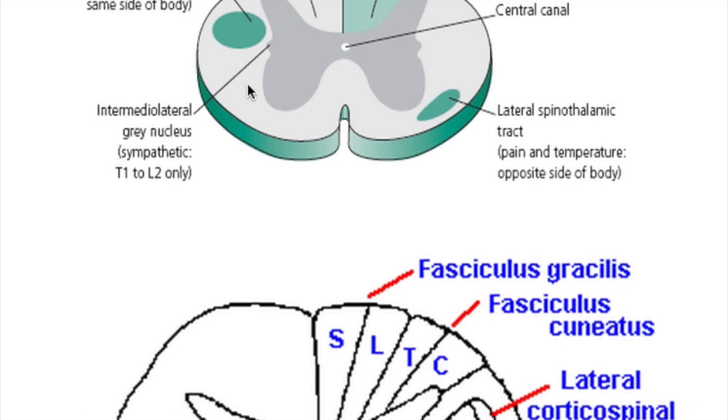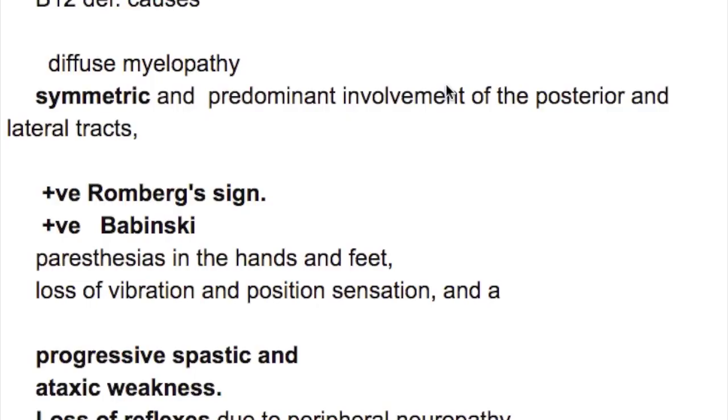So a lesion in the lateral spinothalamic tract, which carries pain and temperature, will produce defects on the opposite side of the body. So vitamin B12 deficiency causes diffuse myelopathy, which is symmetric, with predominant involvement of the posterior columns and lateral corticospinal tract.